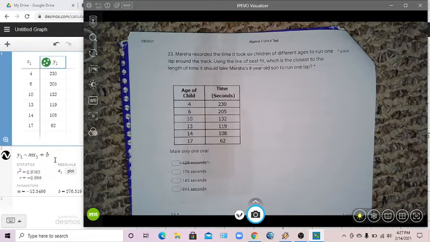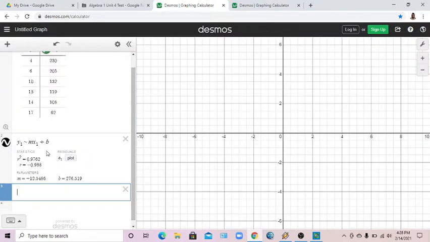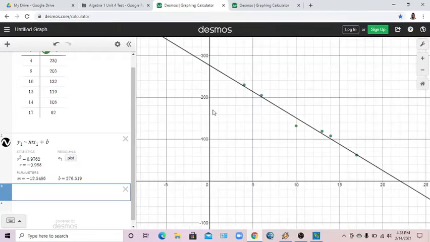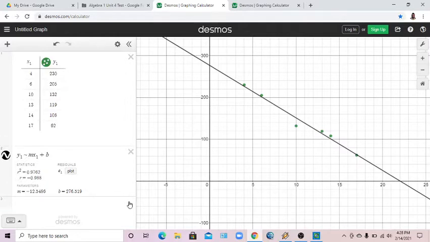Okay, so there's my m and my b that it gives me right there. And if I look, let's make it fit. Oh, there's my line of best fit. Okay, so I don't need this. I just need the m and the b.